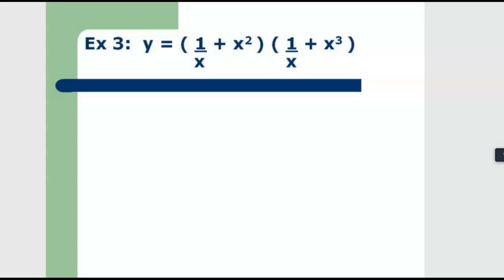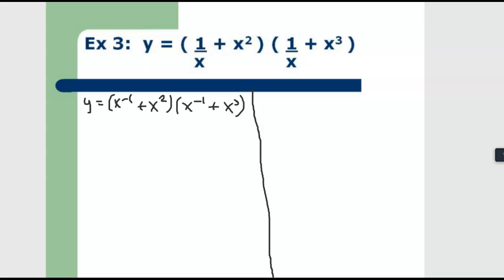So again, there are 2 ways you could go about doing this problem. You could say y equals x to the negative 1 plus x squared times x to the negative 1 plus x cubed, and use the product rule for that.